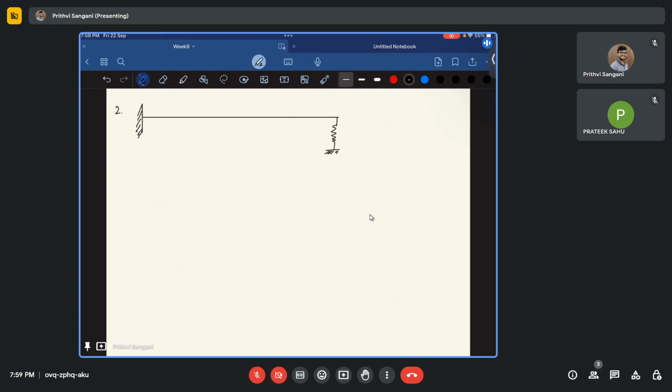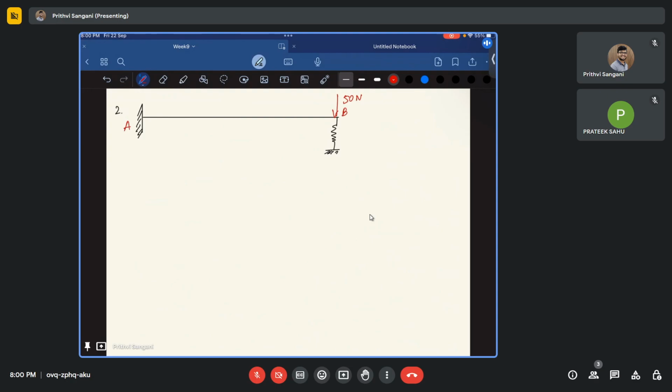At the spring support, we have a load. Say five, is it five? Five is very small. Let us take 50. 50 Newton acting, and this is A, B.